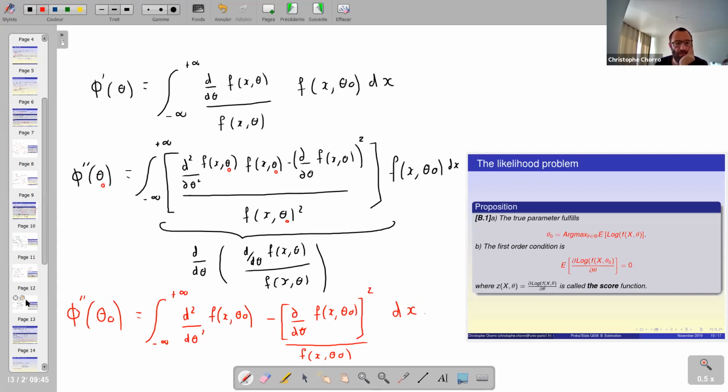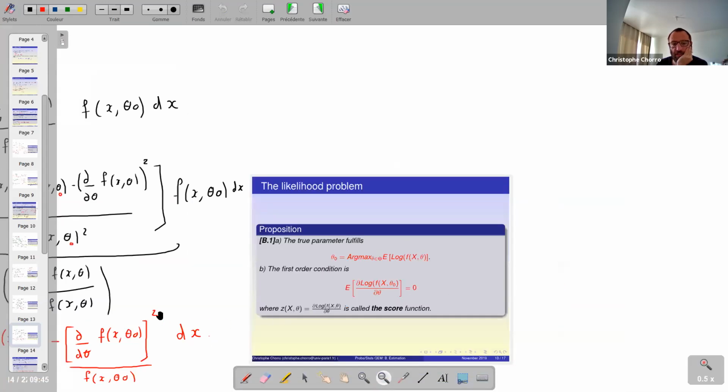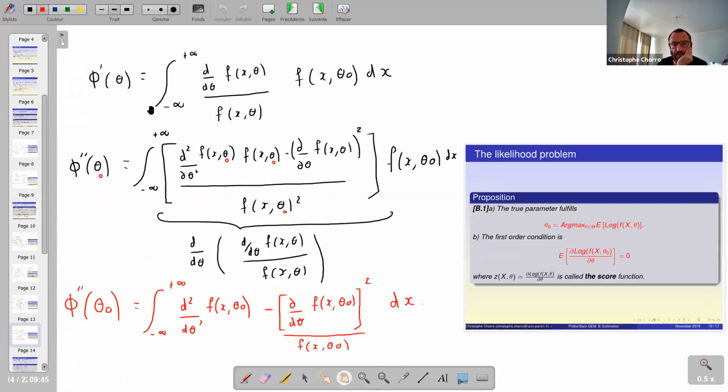So I have this relation here. It's what I have obtained. Computing the derivative of this derivative, I obtain f second of theta. If I plug theta 0 inside, I obtain this one here.